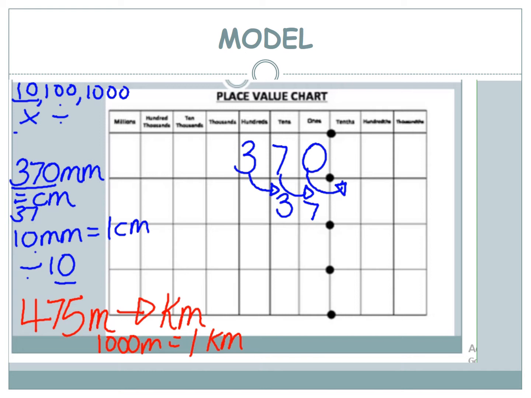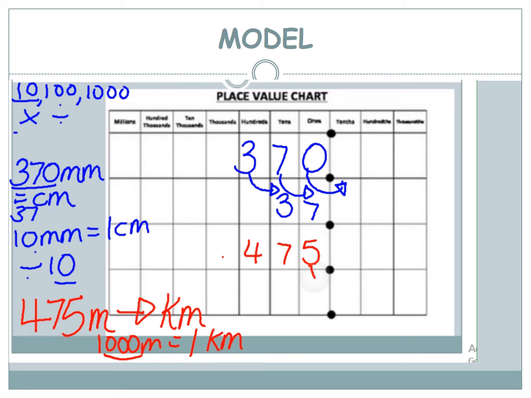So we're going to have to divide 475 by 1,000. Now straight away, I know we're going to have to go into the decimal numbers because we haven't got anything in the thousands. So everything is divided 3 spaces to the right because you've got 3 placeholder zeros.